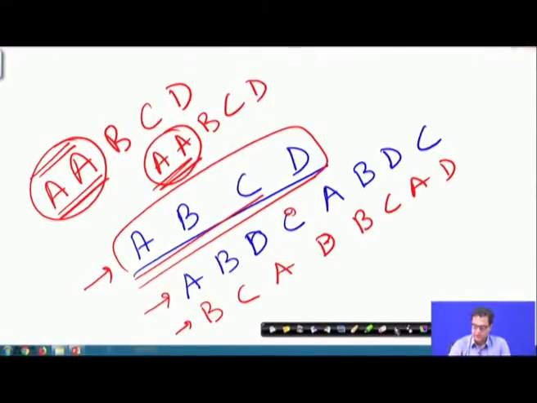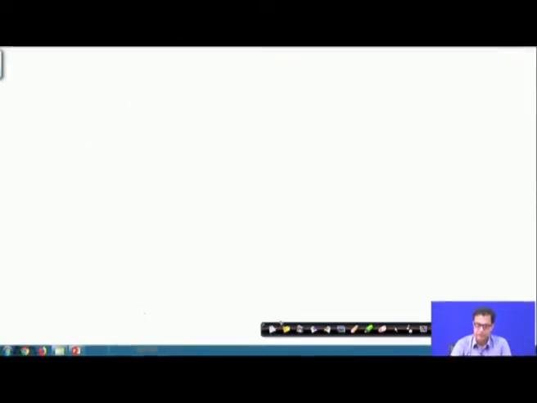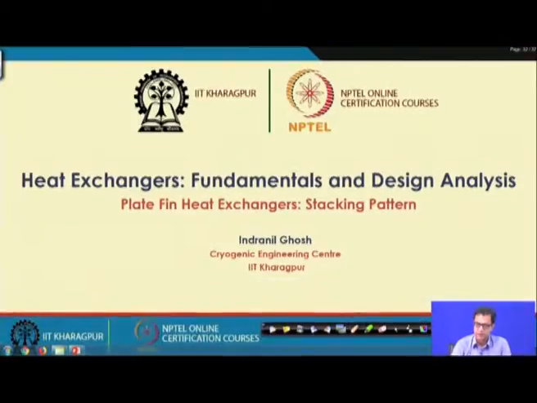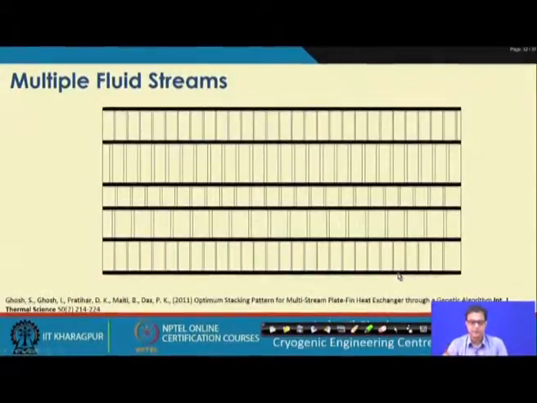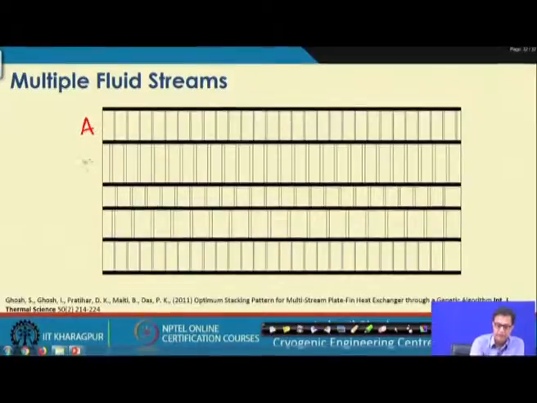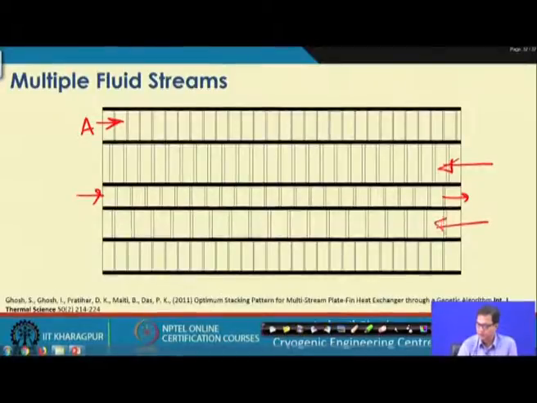In that context, in a multiple fluid stream arrangement, some fluid is moving in this side and some fluid is flowing this way, moving out, coming in, moving out.